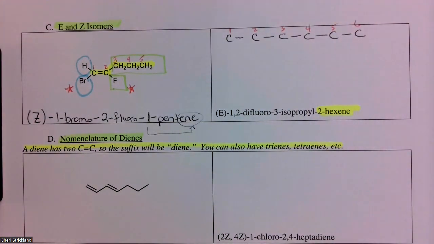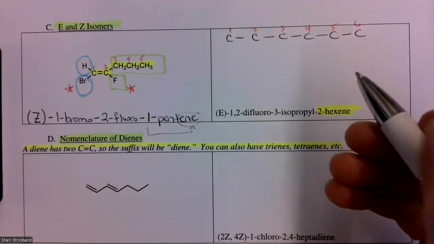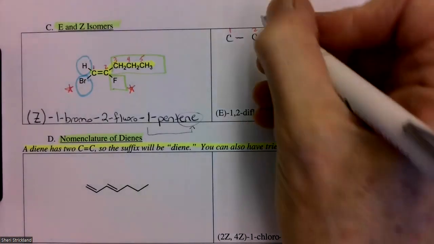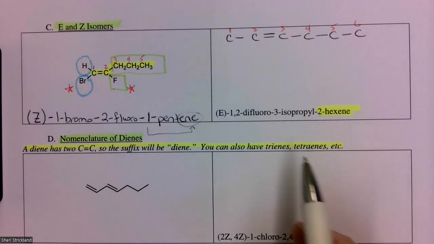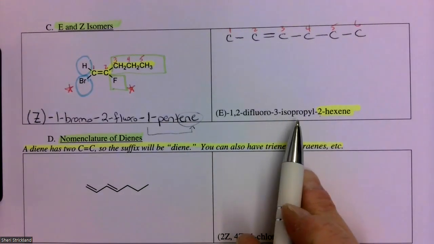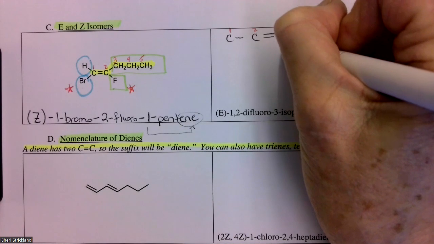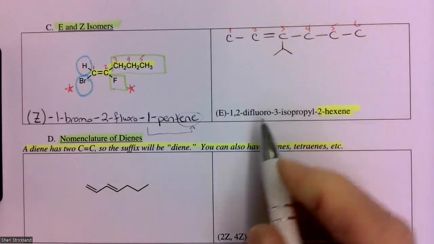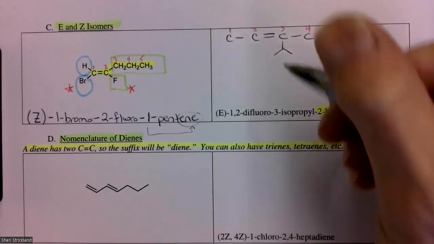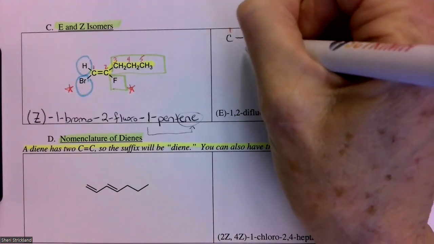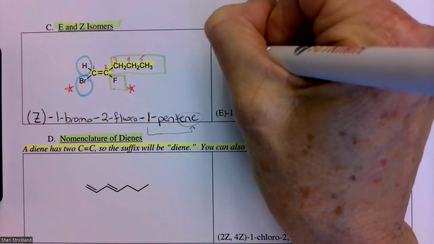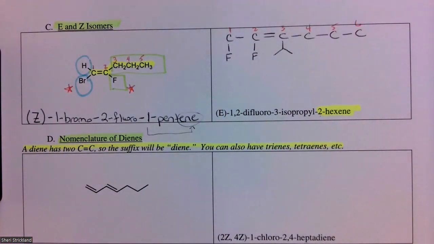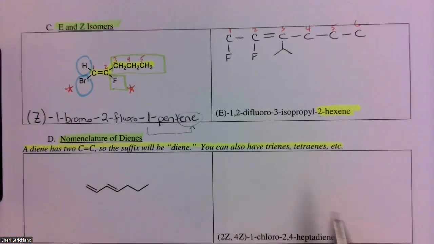I know that it's a 2-hexene. That means the carbon-carbon double bond is between carbons 2 and 3. And then what else do I know about this? Well, there's an isopropyl group on carbon 3. There are 2 fluorines, one on carbon 2, one on carbon 1. And remember, the two-dimensional structures tell you nothing about stereochemistry.